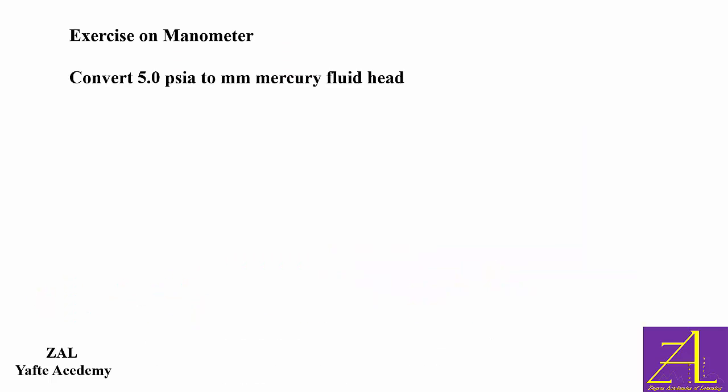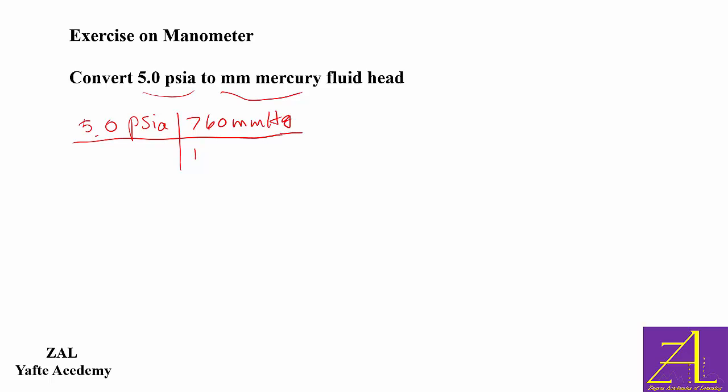Let's do some exercise here. We would like to convert 5 psia to millimeter of mercury. From the conversion table in the beginning of the book, we will read conversion of millimeter of mercury to psia: 5.0 psia, and the conversion is 760 millimeter of mercury is equivalent to 14.696 psia.